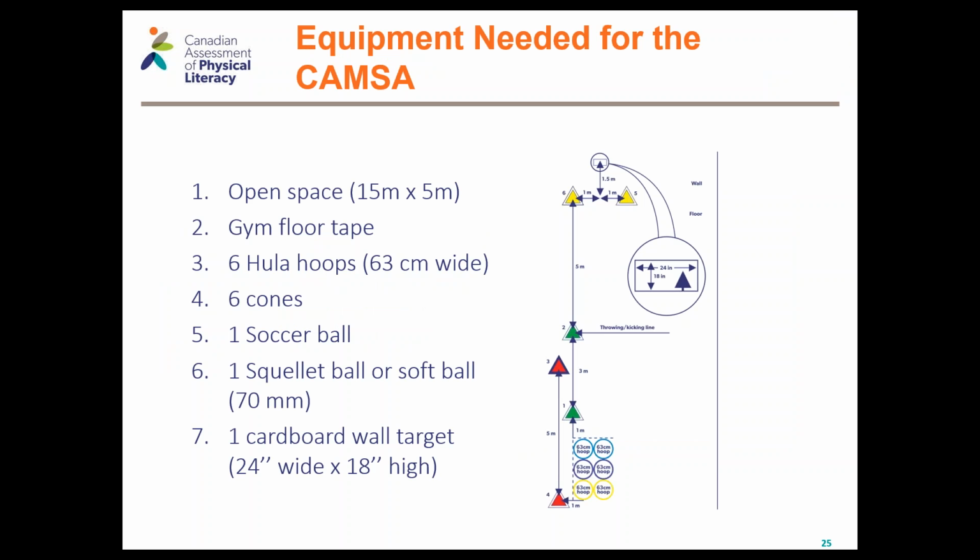The equipment you'll need for CAMSA: an open space about 15 meters by 5 meters, floor tape, 6 hula hoops 63 centimeters wide, 6 cones, 1 soccer ball, a squelette ball or a softball, basically something that doesn't bounce when it hits a wall, and one cardboard wall target, or you can make the target with tape. It should be 24 inches wide and 18 inches high. The diagram on your screen shows what CAMSA looks like when it's set up.